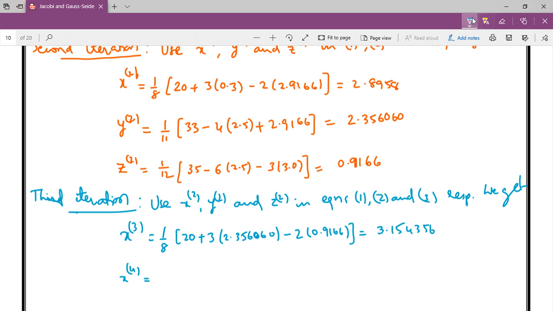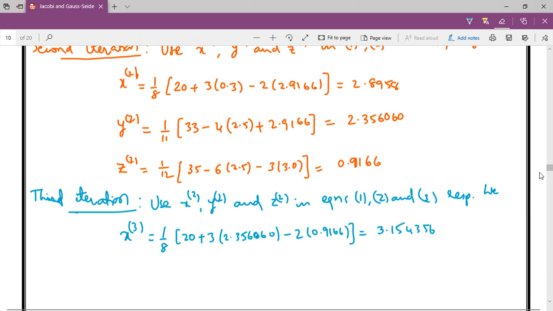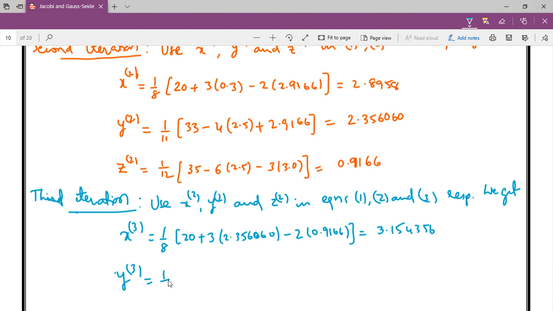Next we have to go for y3. So y3 is 1 by 11 into 33 minus 4 into 2.8958 plus 0.9166.